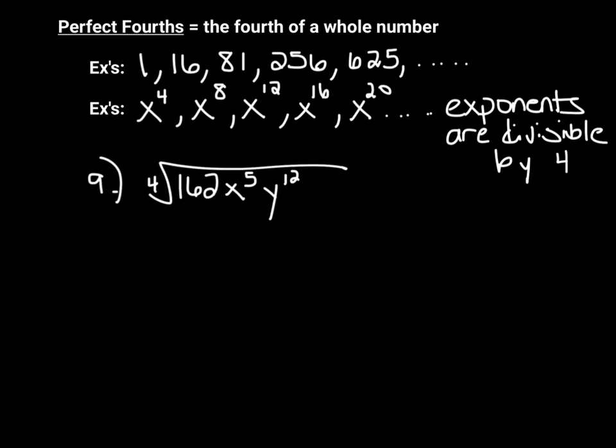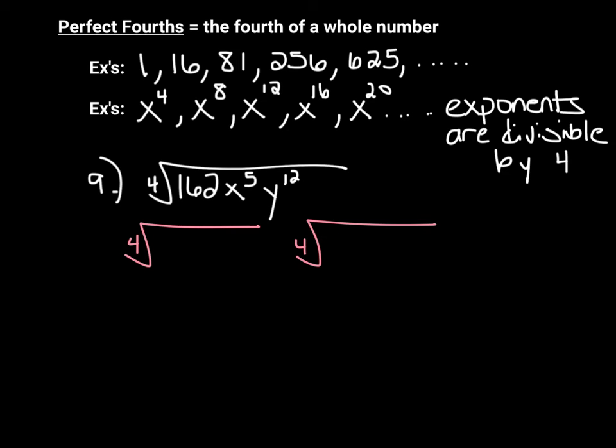All right, so let's take a look at number 9 together. Now, if you look at the number right here, 162, that is not on our list. So what we're going to do is take our radical and break it up into 2 separate radicals. You want to say, what's the biggest number that divides evenly into 162 that's on our list? That's going to be 81. 81 times 2 gives us 162.